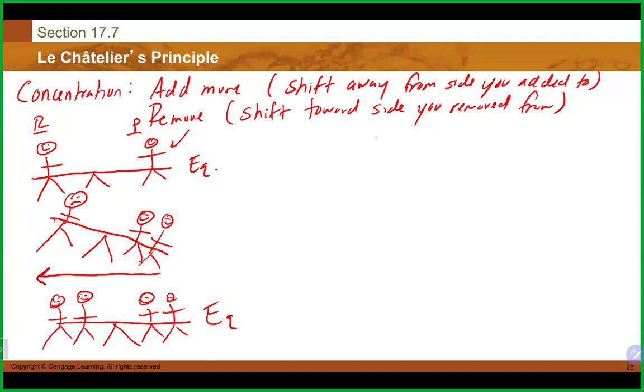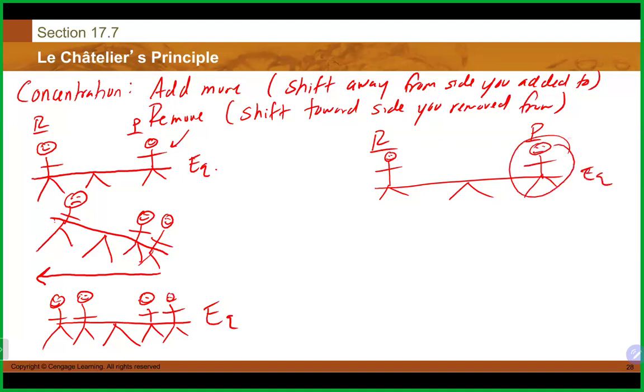Now, if we have the same situation here, again a system at equilibrium, and this guy decides he's going to jump off. When he does so, this is going to be the result.